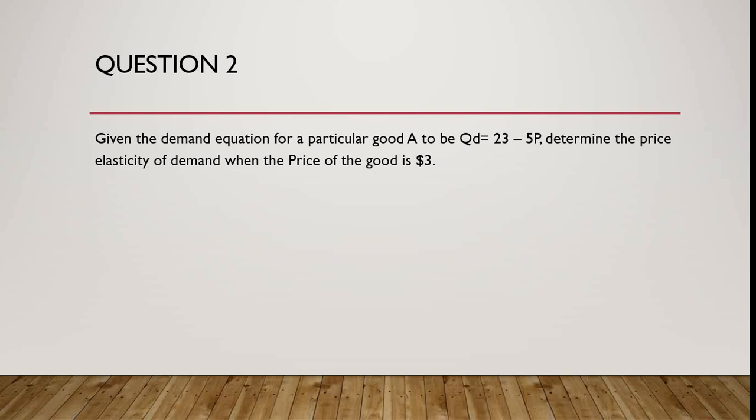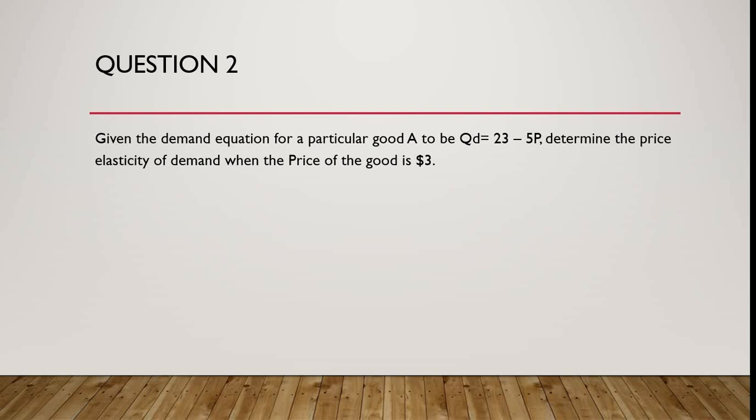So as usual, we're going to write down our equation, then use a different method for finding the elasticity, which we call the point method of elasticity. We find elasticity at a particular point along the line. The quantity demanded is equal to 23 minus 5p. It's an equation of a line. When you put in different values of prices, you're going to get different values of quantities, which you can plot to get the line.